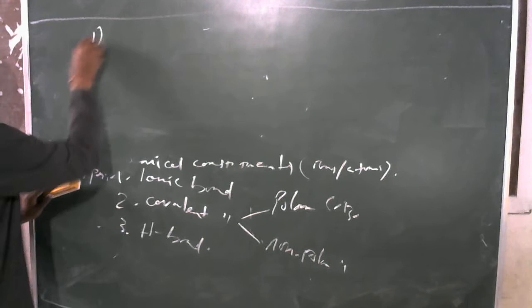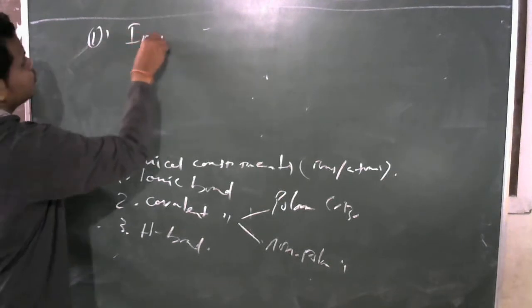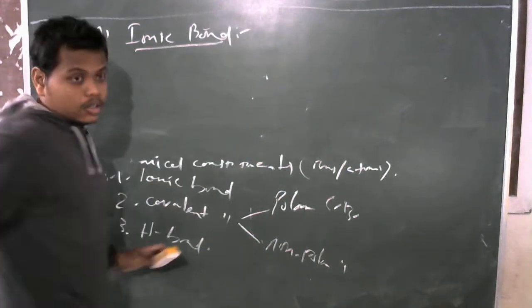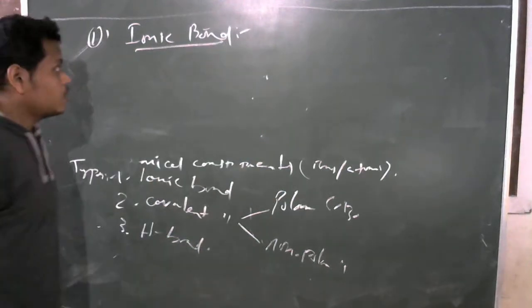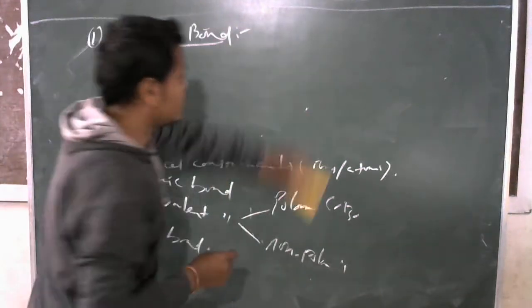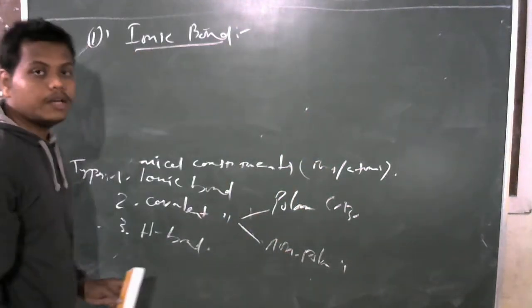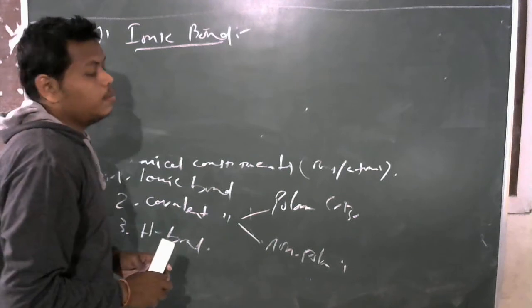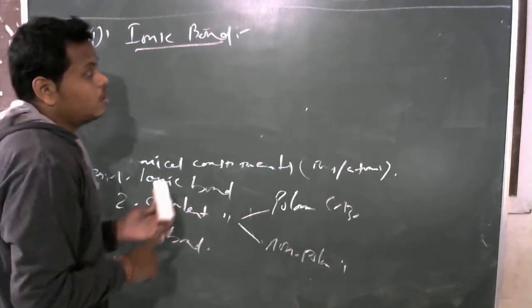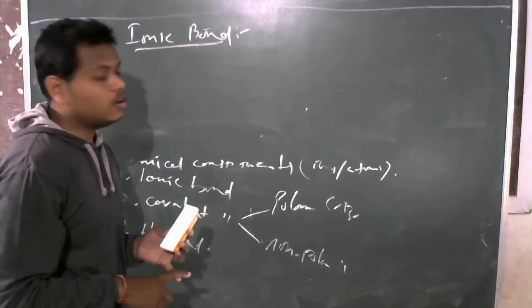First of all, we are going to discuss the ionic bond. What does ionic bond mean? Sometimes chemical bonds are formed due to losing and gaining of electrons.